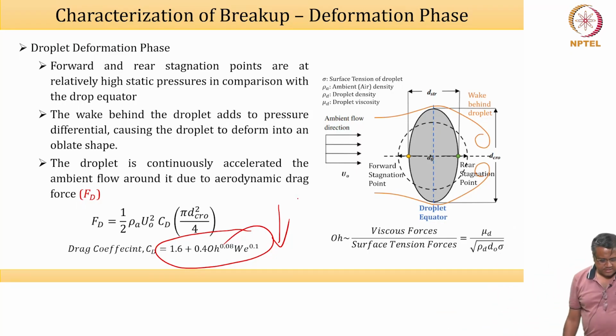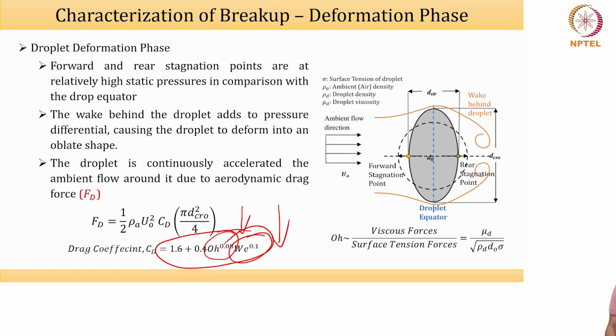Here you will see that there is a Weber number dependence, and then there is an Ohnesorge number dependence. The Weber number, as we said, is basically how you want to destroy the whole thing. So if you go down in Weber number, your drag will approach about 1.6. If you go on increasing the Weber number, it becomes a slightly higher value.